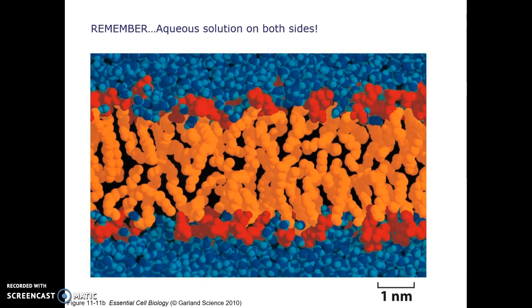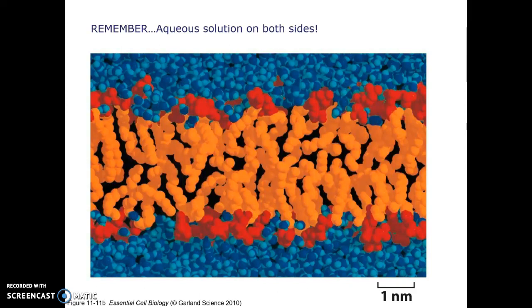So both inside and outside of the cell, there's going to be water, and that creates that need for the sequestering away from hydrophobic lipid, and the need for that polar head group.